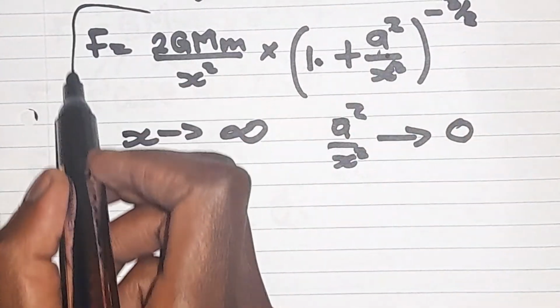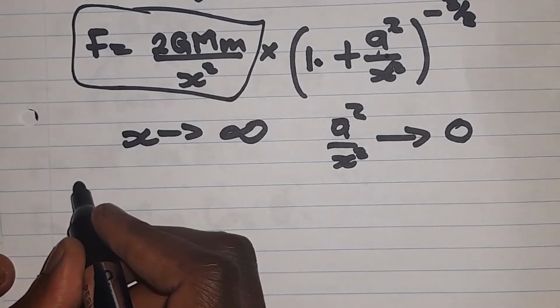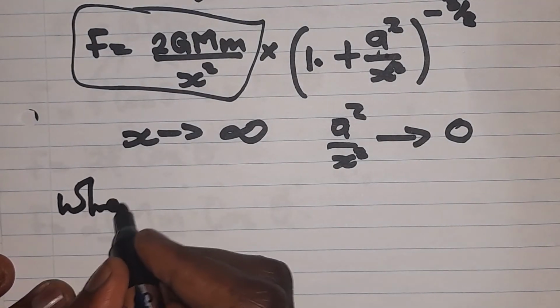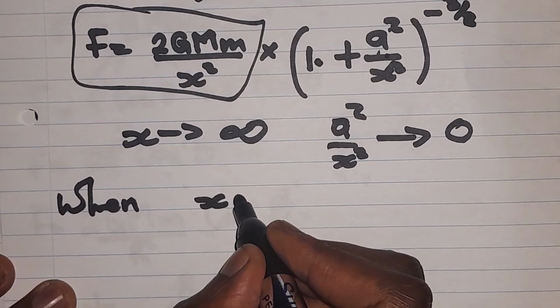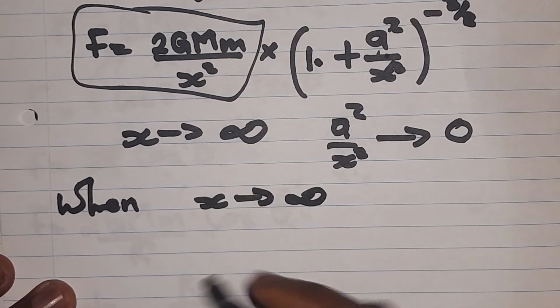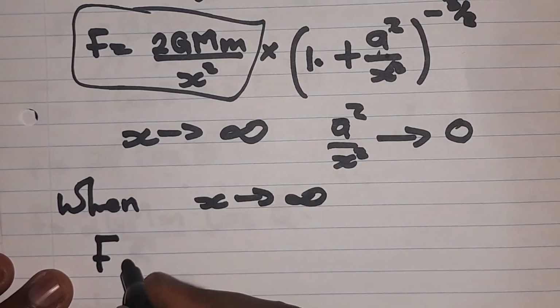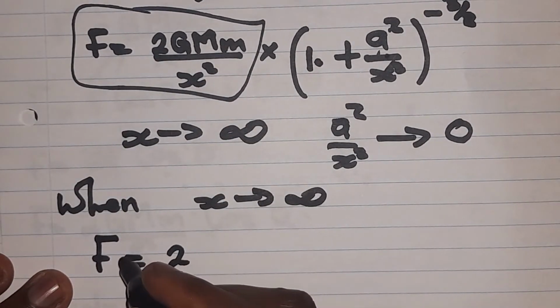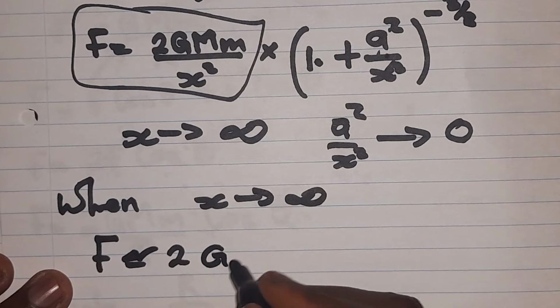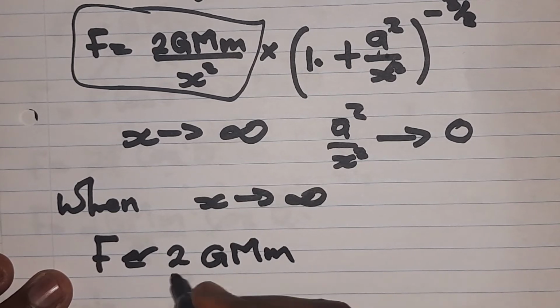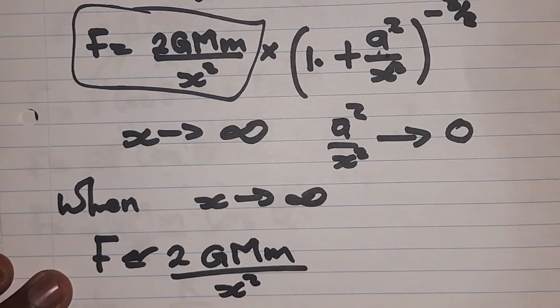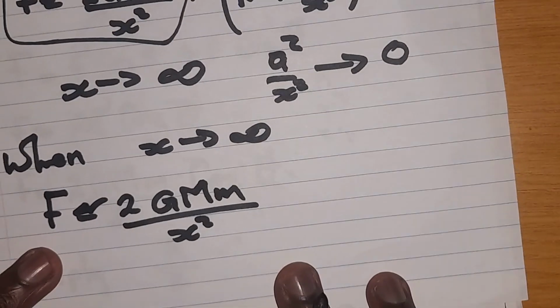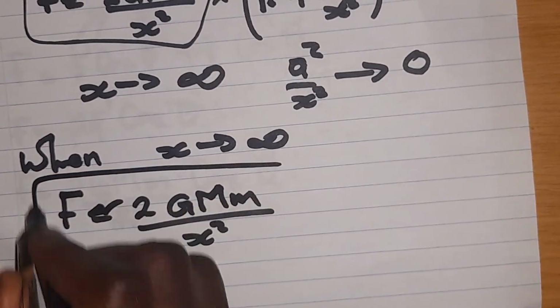So we'll only be left with this quantity over here. So when x approaches infinity, the force experienced by C due to A and B is approximately 2 G capital M small m all over x squared. And that's the final answer.